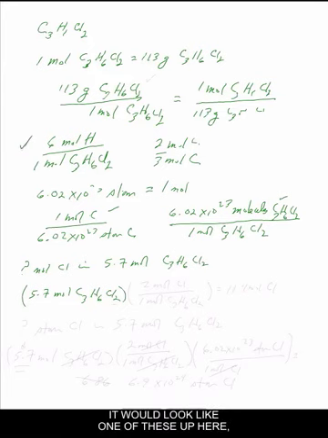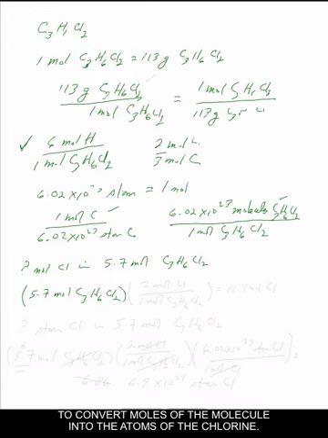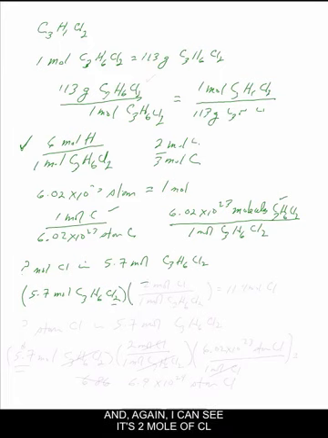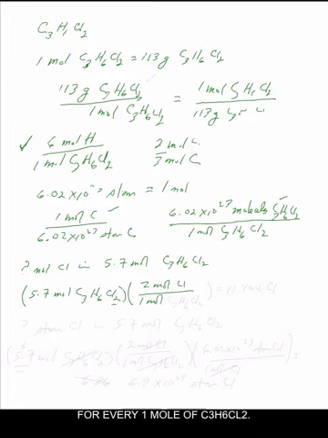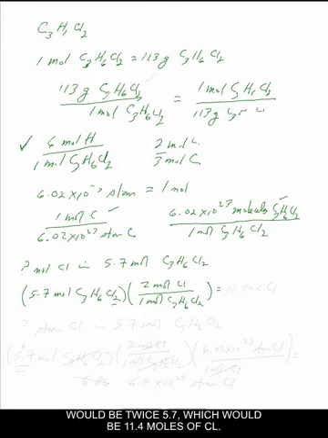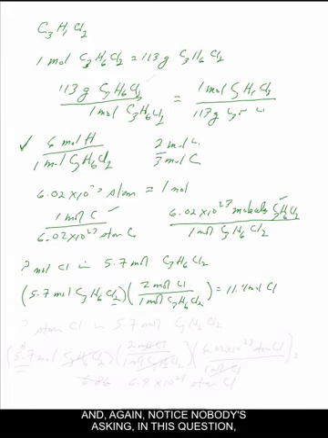It would look like one of these up here, to convert moles of the molecule into the atoms of the chlorine. And again, I can see it's 2 mole of Cl for every 1 mole of C3H6Cl2, and the answer here arithmetically would be twice 5.7, which would be 11.4 moles of Cl. And again, notice nobody's asking in this question how many atoms, they're asking how many moles.